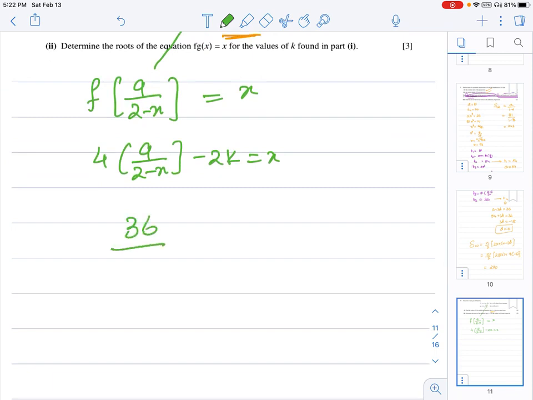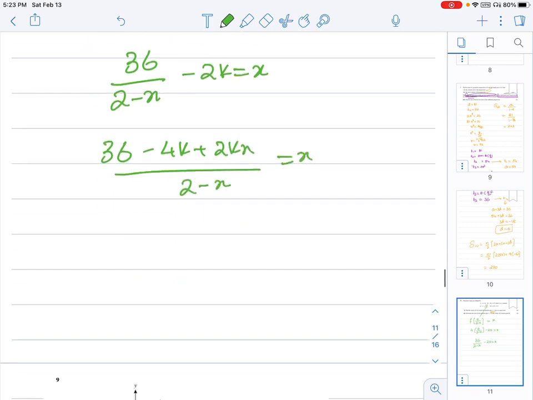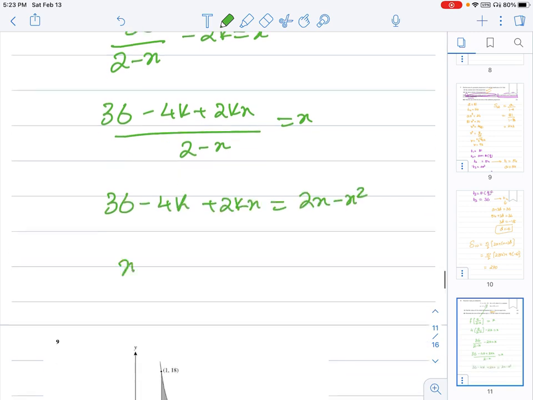So I get 36 upon 2 minus x minus 2k is equal to x. 36 minus 4k plus 2kx divided by 2 minus x is equal to x. 36 minus 4k plus 2kx is equal to 2x minus x squared. So x squared plus 2kx minus 2x plus 36 minus 4k is equal to 0.